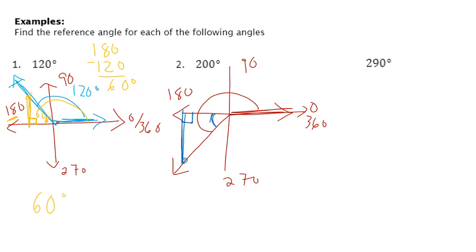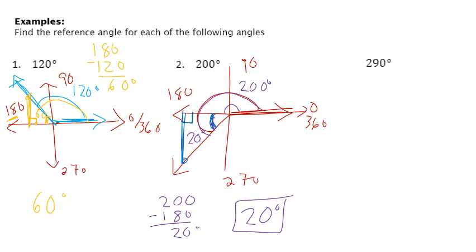I'm looking to see how many degrees is that reference angle. So we have that this is 200 degrees. I want to know this piece right here, and I know that this half is 180. So if I do 200 minus 180, I get 20 degrees. And so my reference angle is 20 degrees.